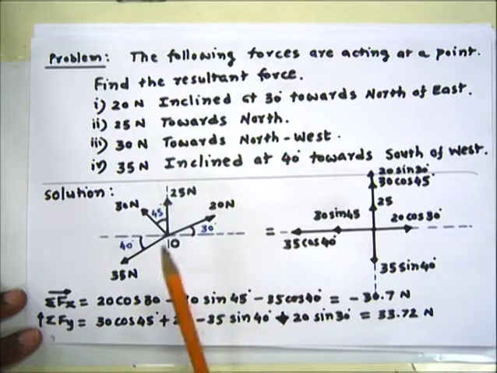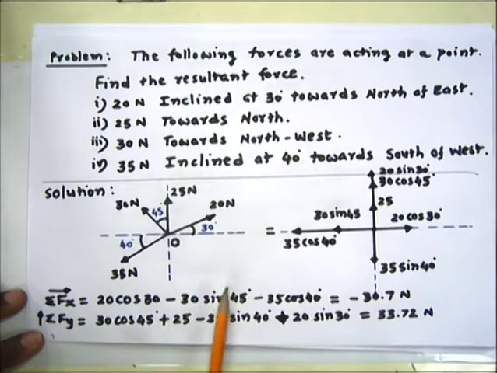So summing all these values with sign, there are three forces in the upward vertical direction, these three forces are 30 cos 45, then 25, then 20 sin 30, and the downward force, that is 35 sin 40. Calculating this we will get this value, that is 33.72 Newton.